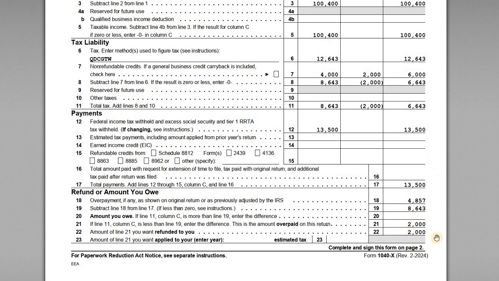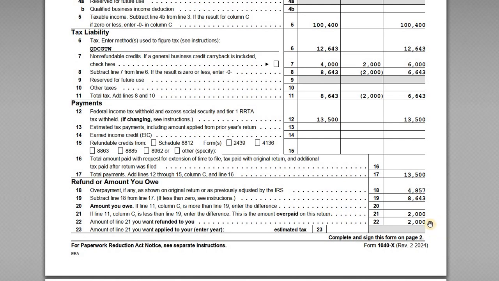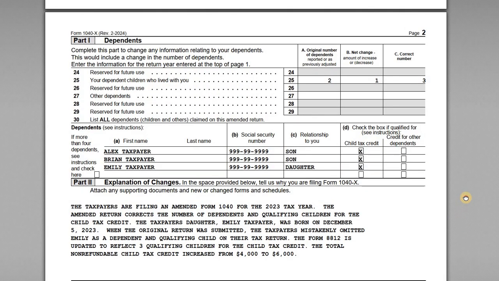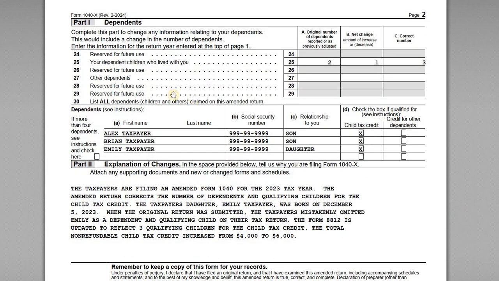So $2,000 is our overpayment, and this is the amount of additional refund that we're going to be able to get. So we've already got $4,857, and we're going to get another $2,000 paid back to us because we've corrected for this issue.